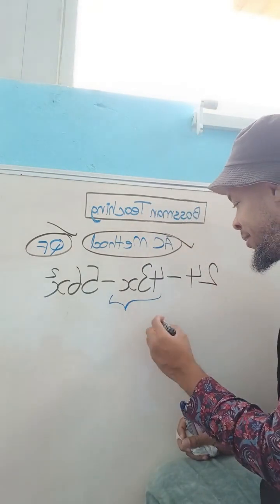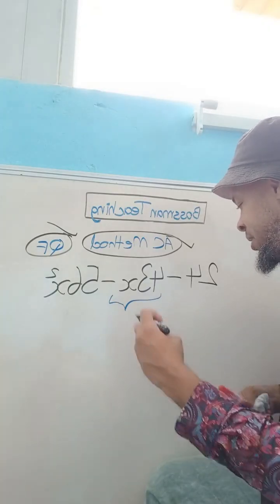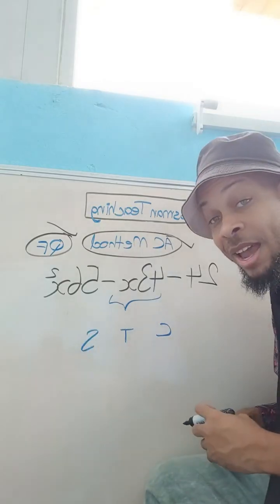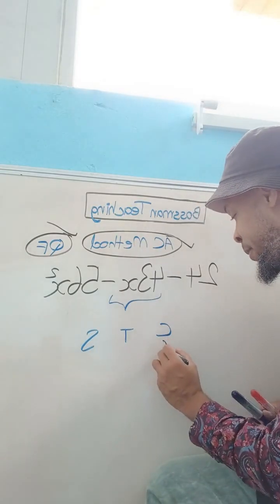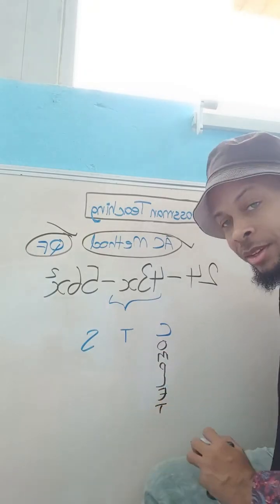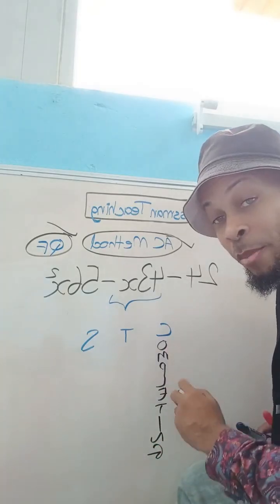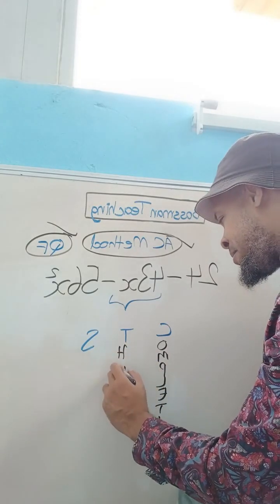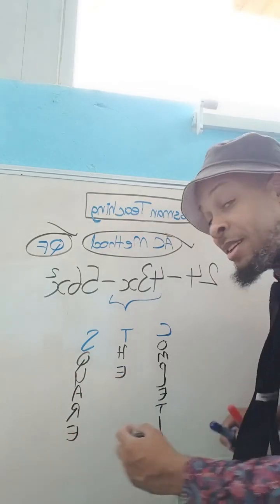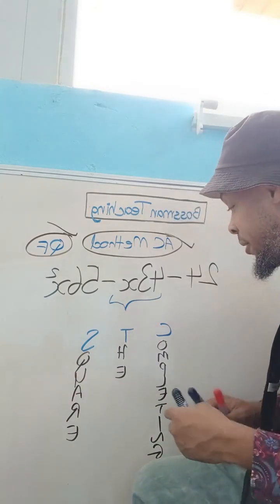One called, let me write it, CTS, aka completing the square. Yeah? Completing the square.